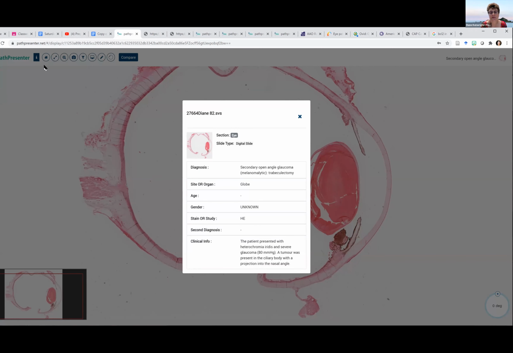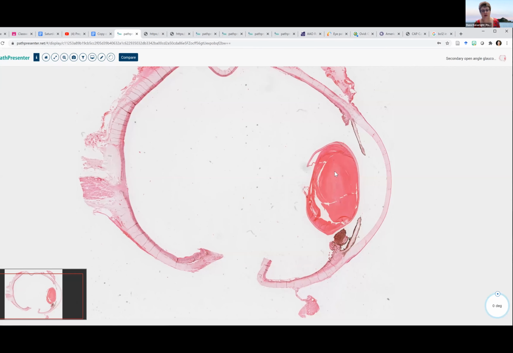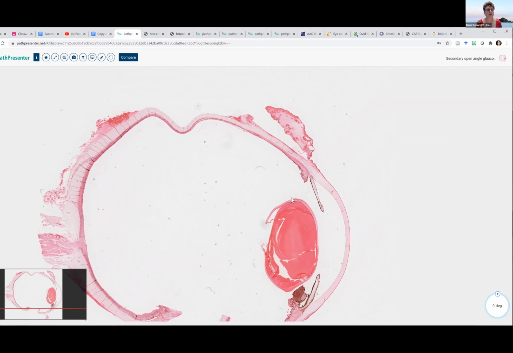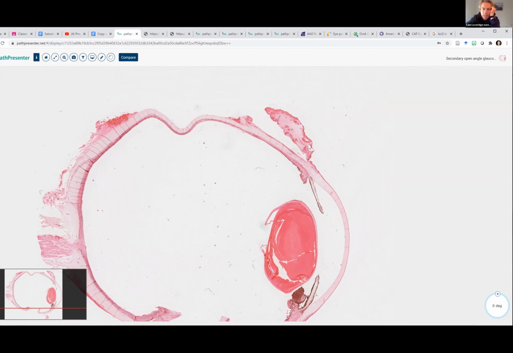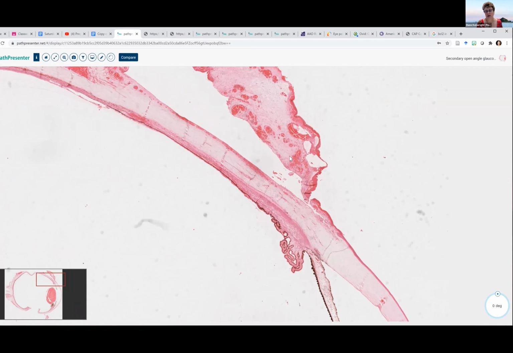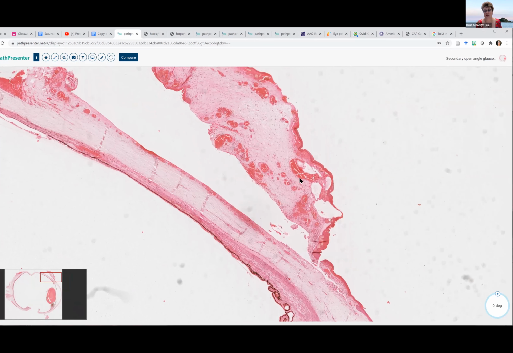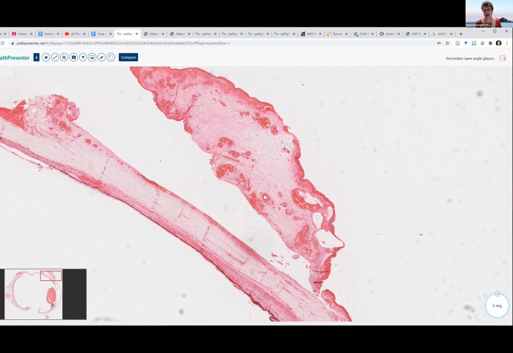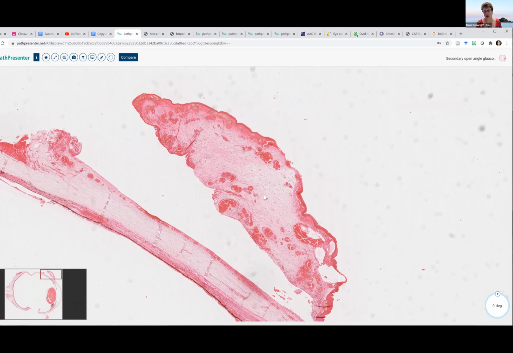Just says trabeculectomy, but it might not be in this slice. Is there a trab superiorly? I don't know. There's a trabeculectomy superiorly. Okay, so this isn't a trabeculectomy. Yeah, this is a whole eye. All right.